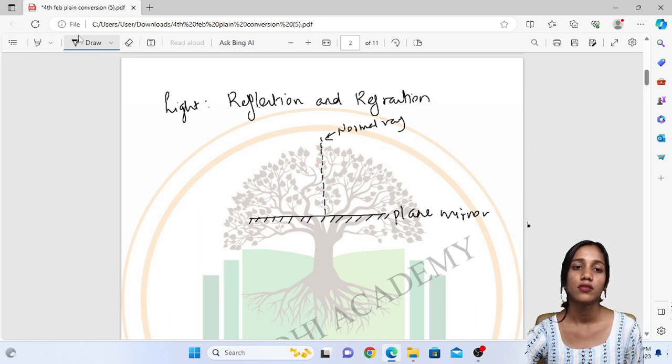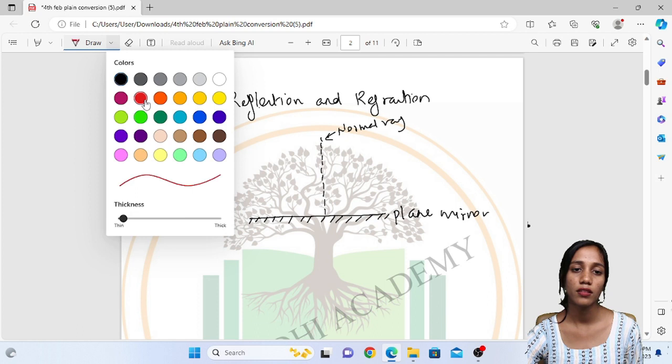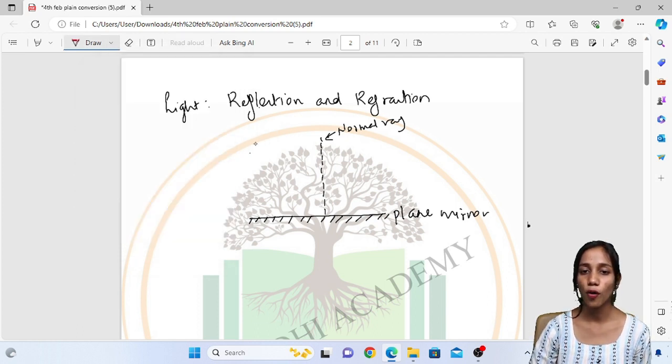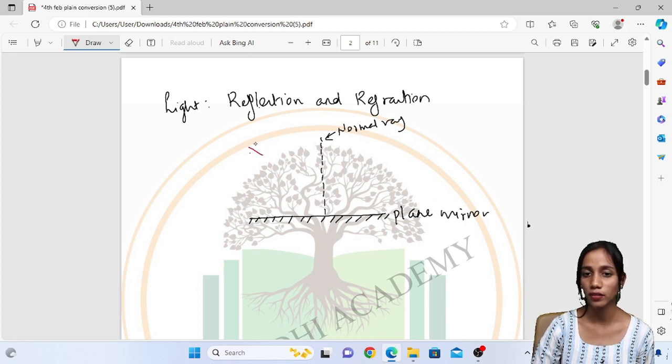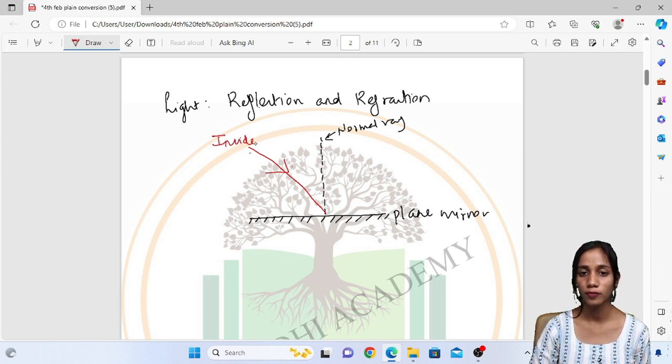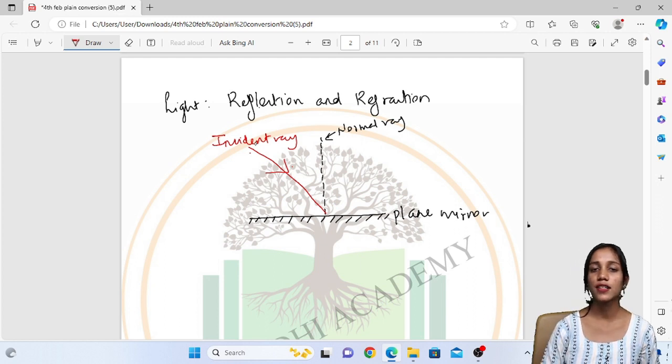Now a ray of light is falling on the mirror. It is falling this way, so the arrow is downwards, and this is called the incident ray, as it is incident on the mirror.